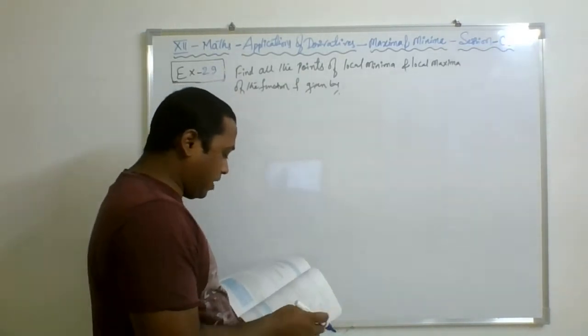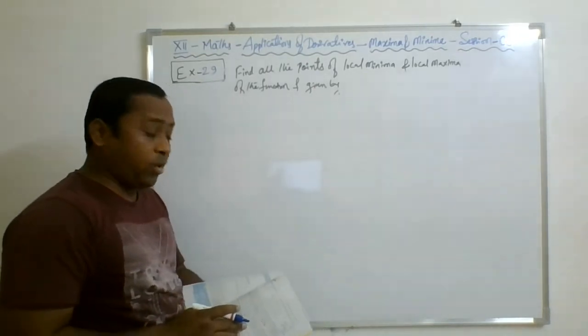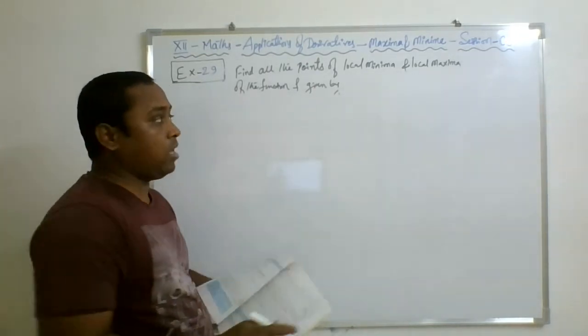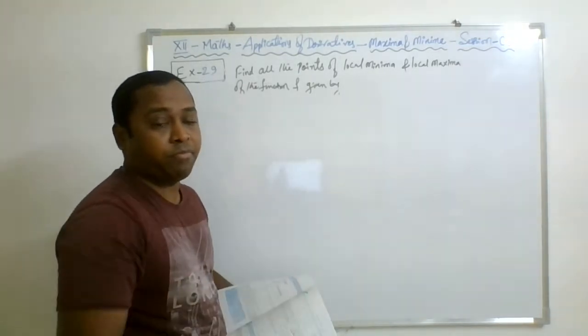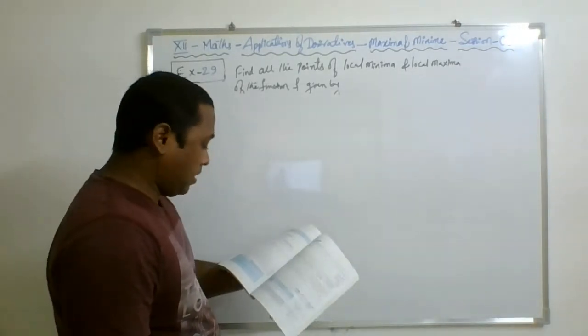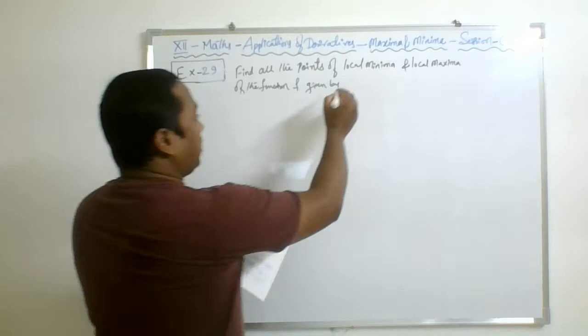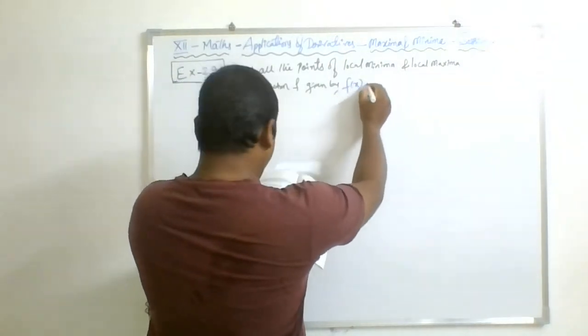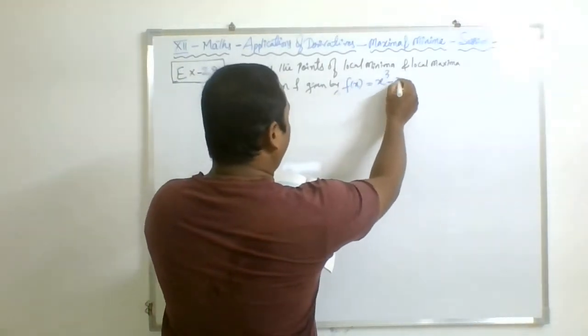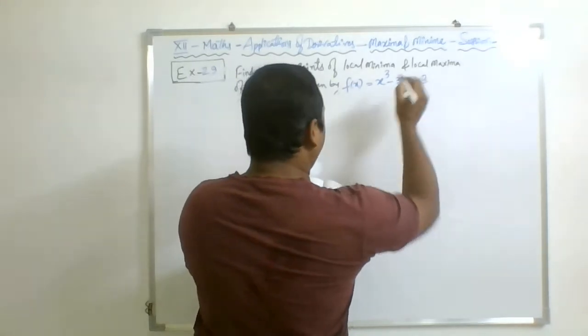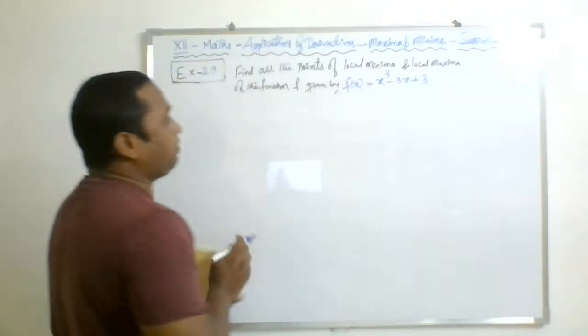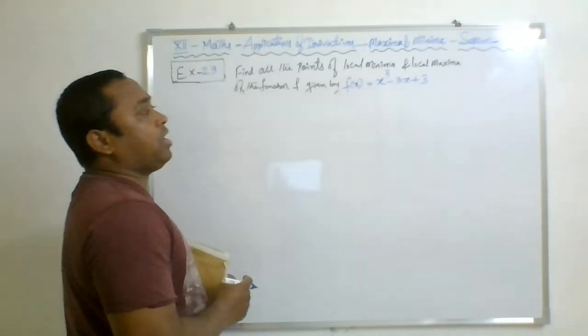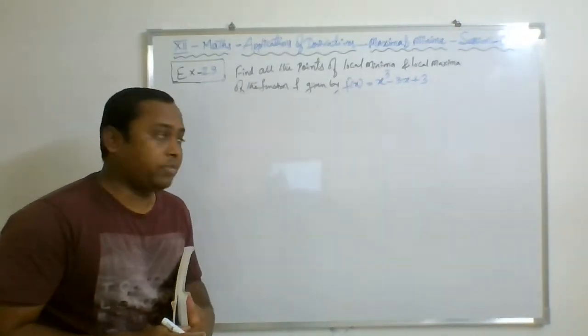I only want to find the point of minima and point of maxima through the alternative technique, that is the second order test. So I am taking the function f of x is equal to x cube minus 3x plus 3. Again the question is the same, but this time we are following the second order derivative test.